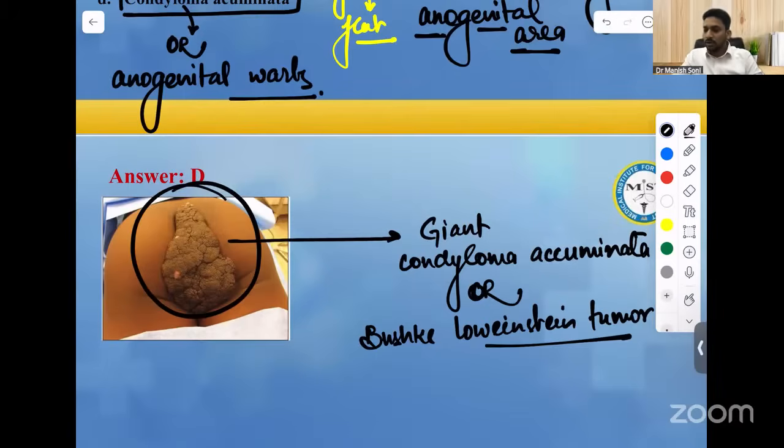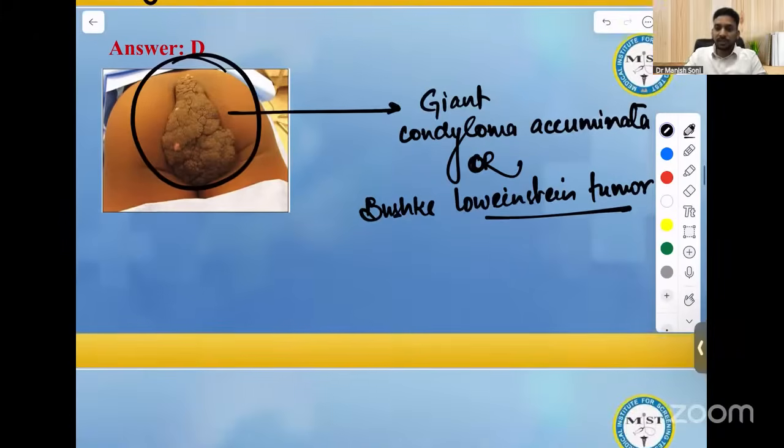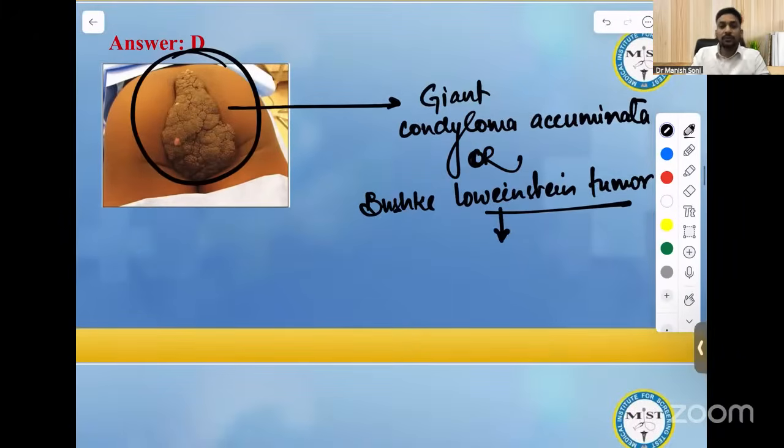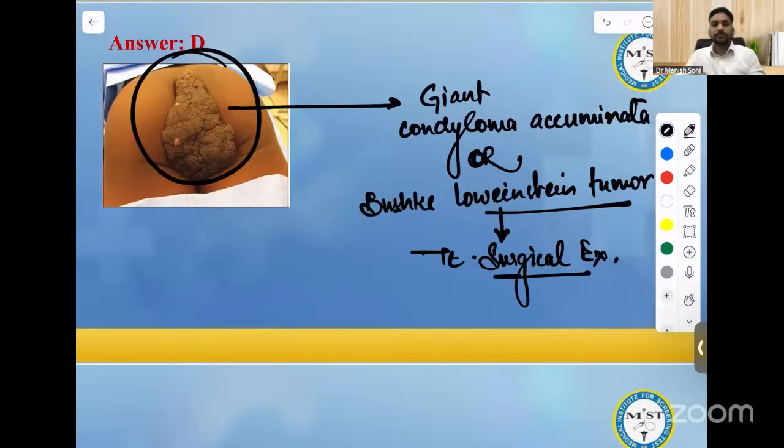Yes, Dr. Debake have already answered this, Buschke-Lowenstein tumor. And when it becomes so large, the treatment is excision. Any surgical therapy can be done. So surgical excision is done.